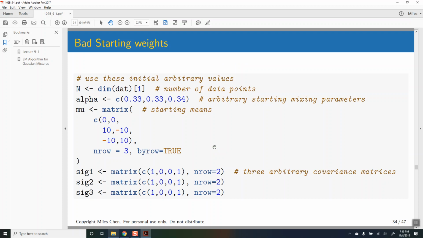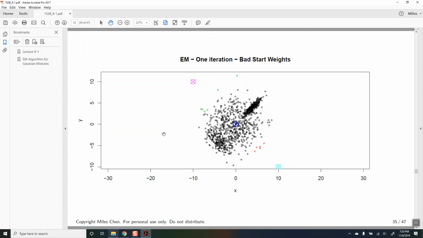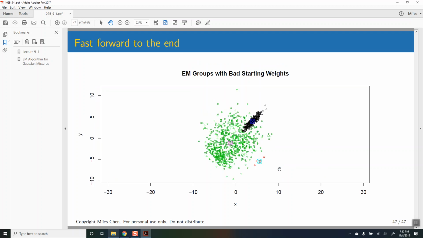If you start off with some bad initial weights, you can end up getting the wrong thing. So here I start off with some different starting locations. I say this is the first cluster and this was the second one, and I run this, and after many iterations, this is what it gets.